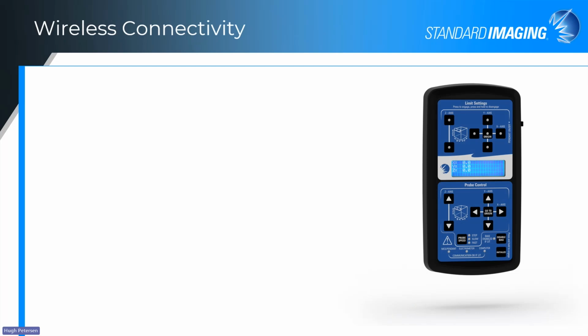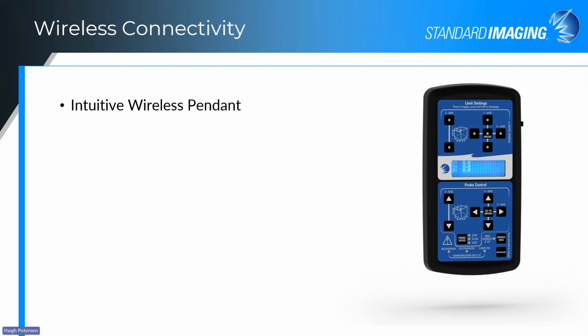Some of the other nice features of the water phantom itself: wireless connectivity. Not only do we have a wireless pendant, which you see here, that shows you the positions of the detector in X, Y, and Z, allows you to set your origins, and gives you soft limits, so you don't have any danger of damaging your detectors against the wall of the phantom, should you use larger chambers or things like that.